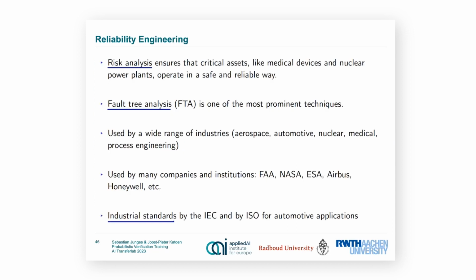In the field of reliability engineering, it's all about analyzing risks. So it's about the probability that, for instance, the power supply of a nuclear power plant will break. People developed fault trees for this already in the 1950s, and this is one of the most prominent techniques in that field.